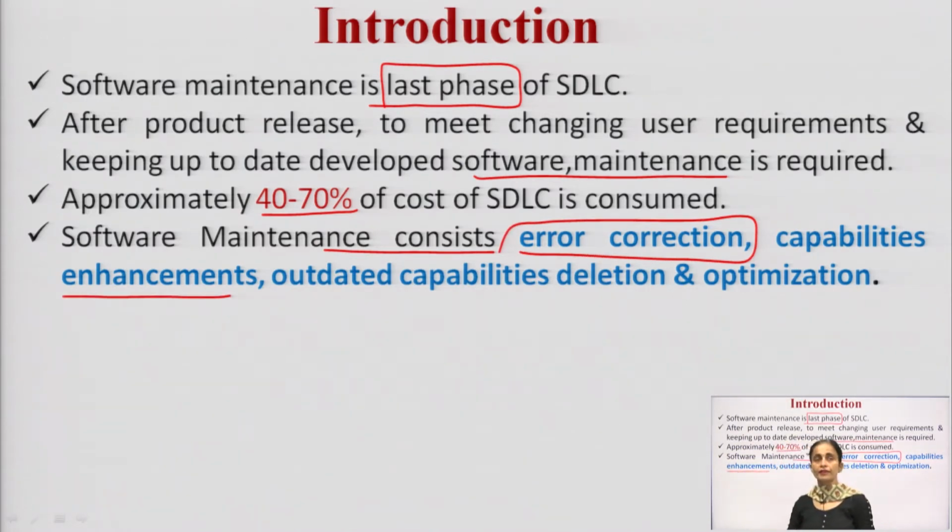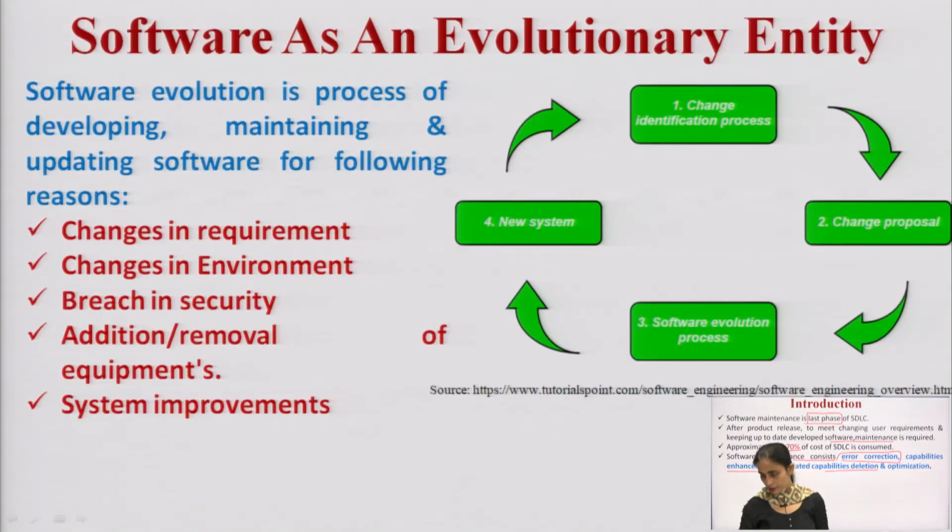How capable is my software when it is enhanced and some new features are added to it? How is my software reacting when I am deleting some obsolete capabilities, and how prone is it to optimization? Is it optimized or does it require optimization? Maintenance consists of all these things.